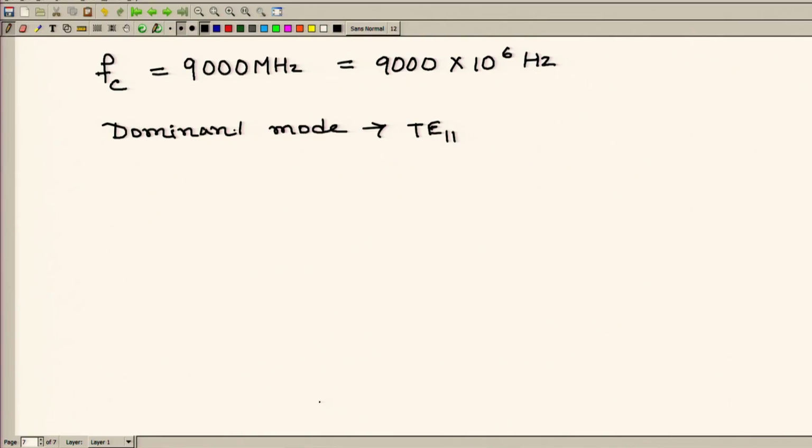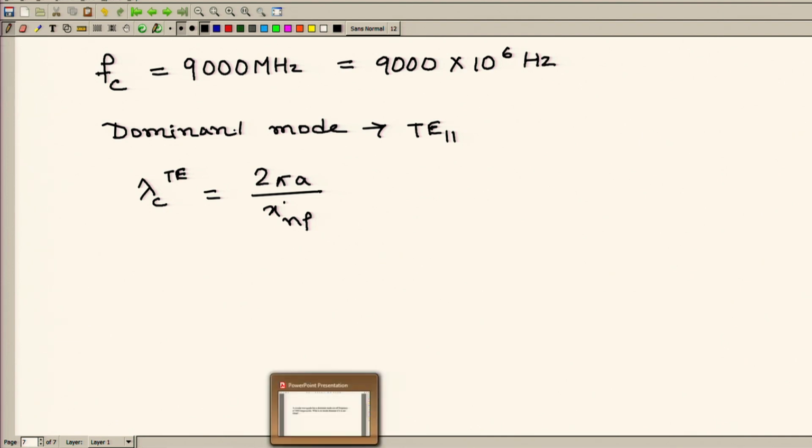So for dominant mode, lambda c TE, we can write it down like 2 pi a upon x n rho dashed, where a is the unknown that we need to find out.